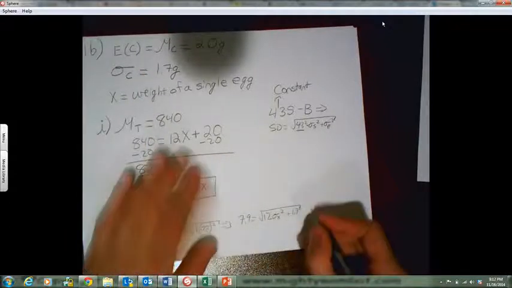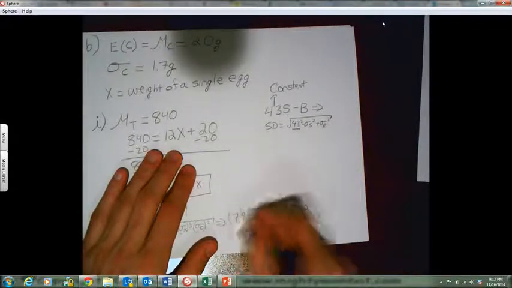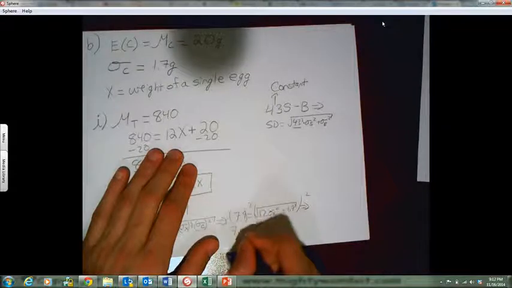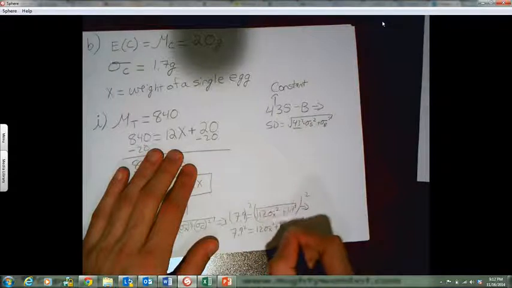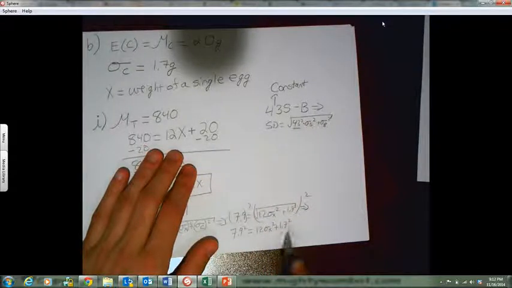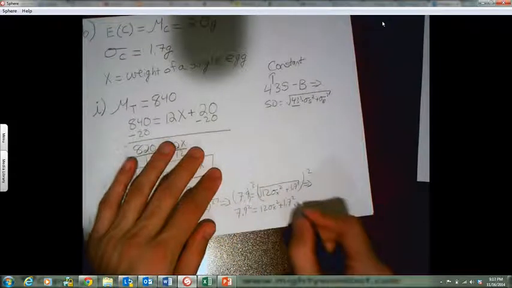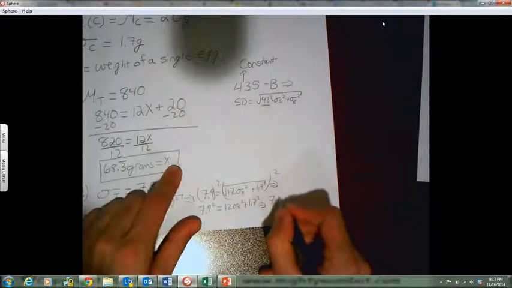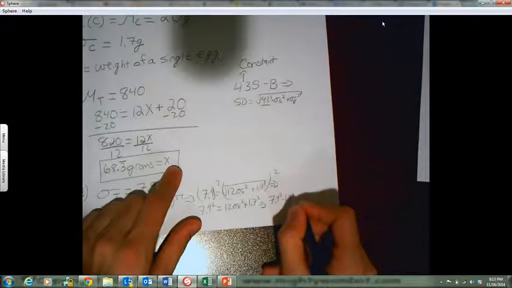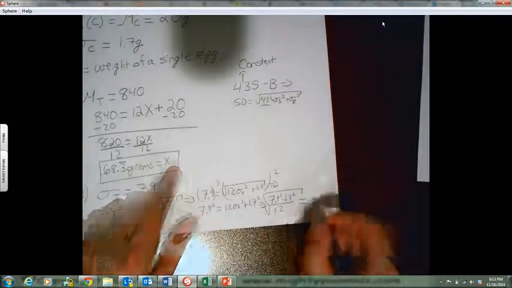So I have 7.9 squared equals 12 times standard deviation of X squared plus 1.7 squared. Minus this over here, and divide everything by 12. So I have 7.9 squared minus 1.7 squared, all divided by 12. Take the square root of the whole thing.